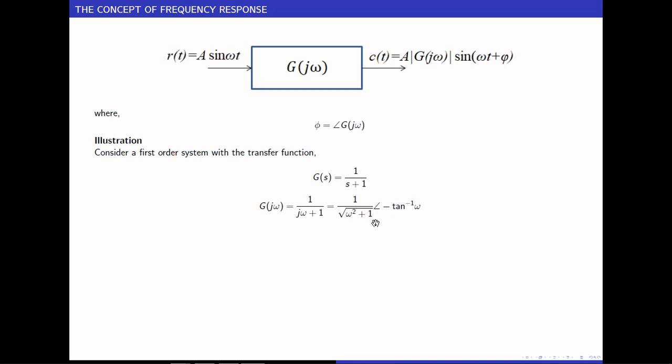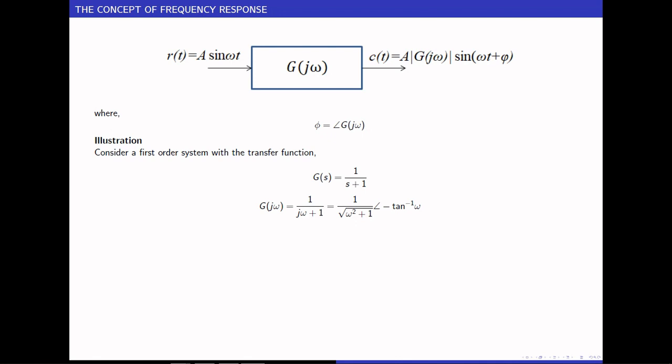What about its angle? If z, a complex number, is represented by a plus jb, then its angle is given by tan inverse of b by a. For the numerator 1, a is equal to 1 and b is equal to 0. That is tan inverse of 0 by 1, which is tan inverse of 0, that is 0.